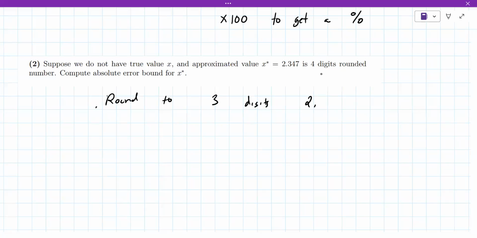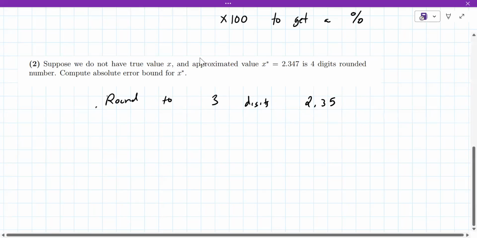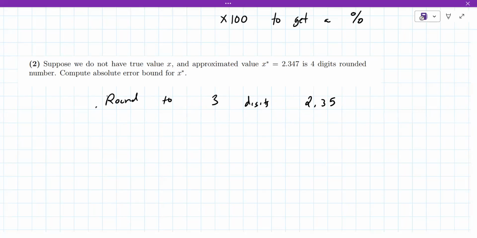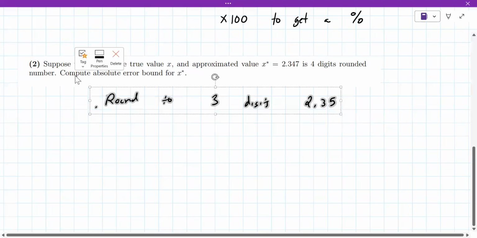Wait, it says it is a 4 digit rounded number. Sorry, no, we don't need that for the problem. I apologize. We're not rounding this one.